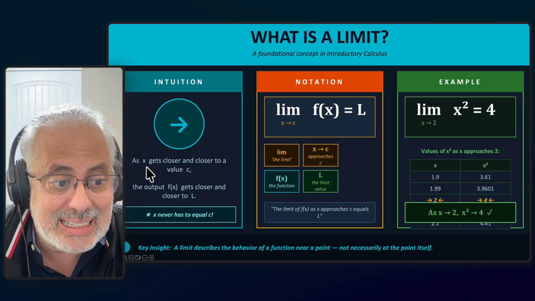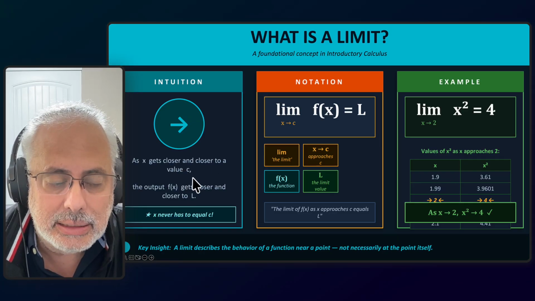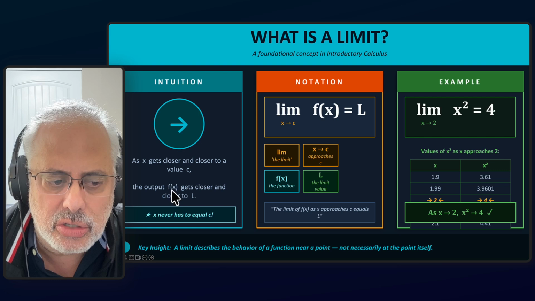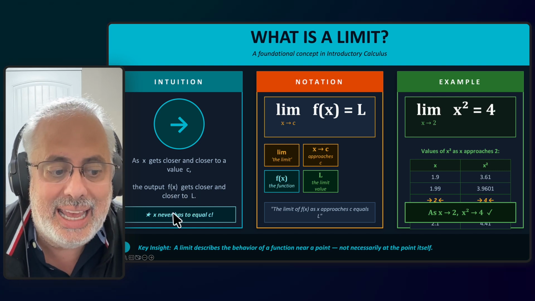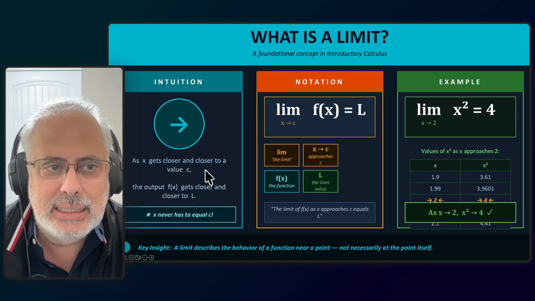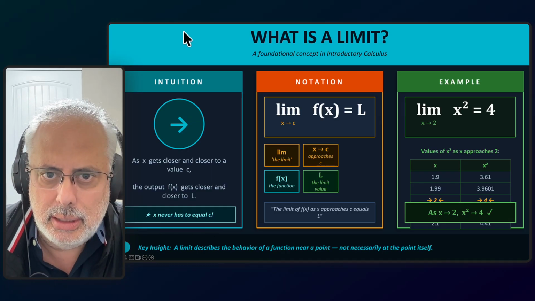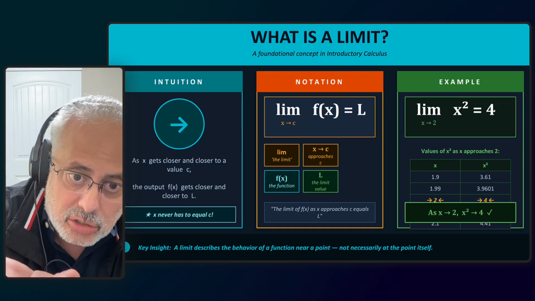So as x gets closer and closer to a value c, the output f of x gets closer and closer to L. x never has to equal c. This is super important because the intuition is the foundation of the idea.